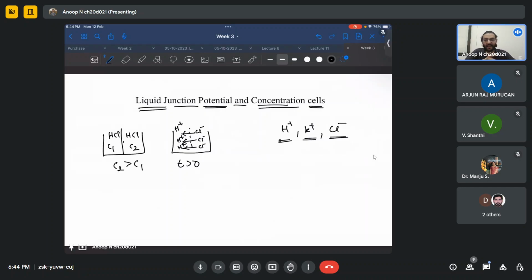This is something undesired in the cells. That's why we are using a salt bridge. This liquid junction potential depends on a term called ionic mobility.